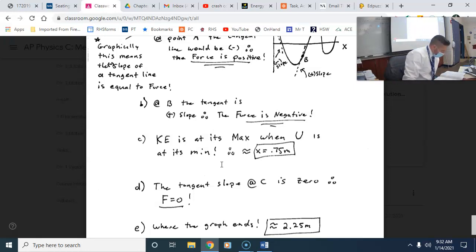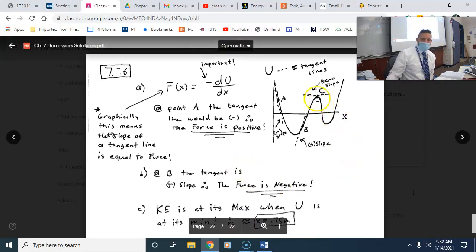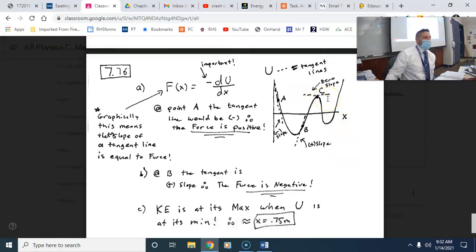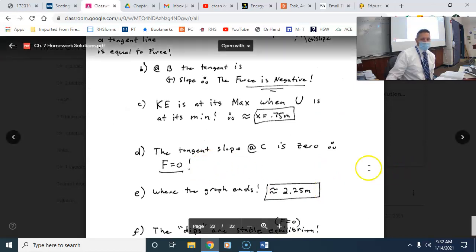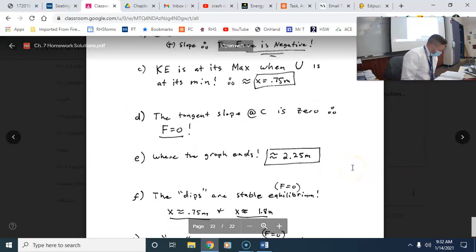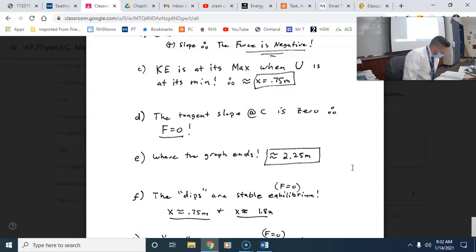All right, letter D. What is the force on the particle when it is at point C? That's a peak. The tangent line would be flat, so the force would be 0. Letter E. What is the largest value of x reached by the particle during this motion?